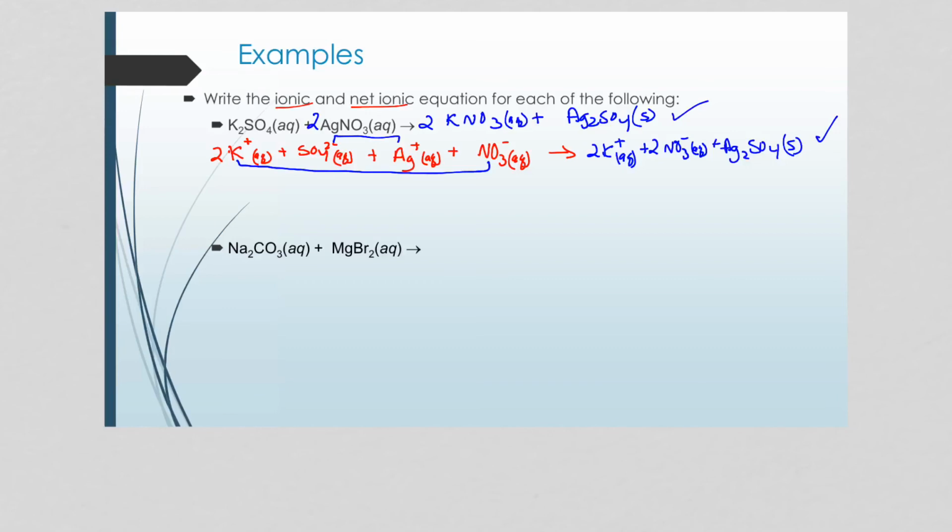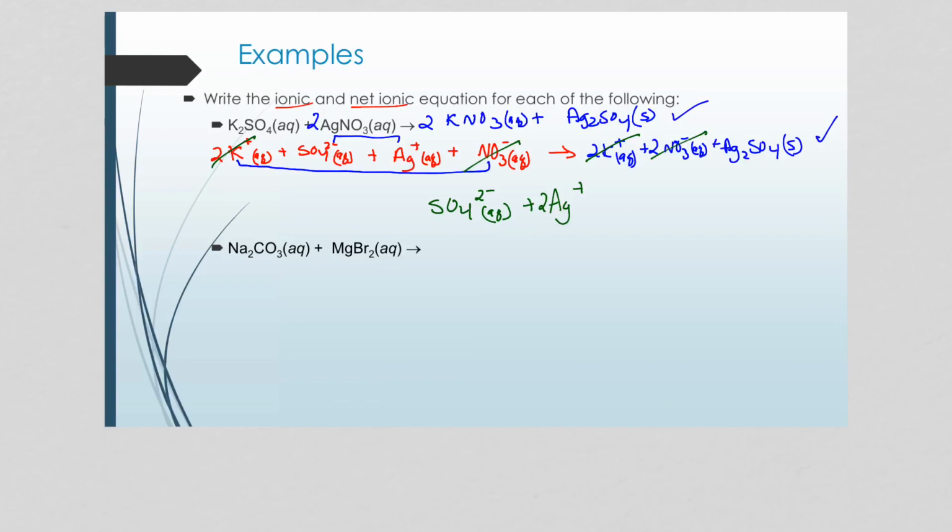And then, of course, the spectator ions, we're going to get rid of these. And so potassium is a spectator, nitrate is a spectator, and what I'm left with is SO4 2- combines with 2 Ag+.